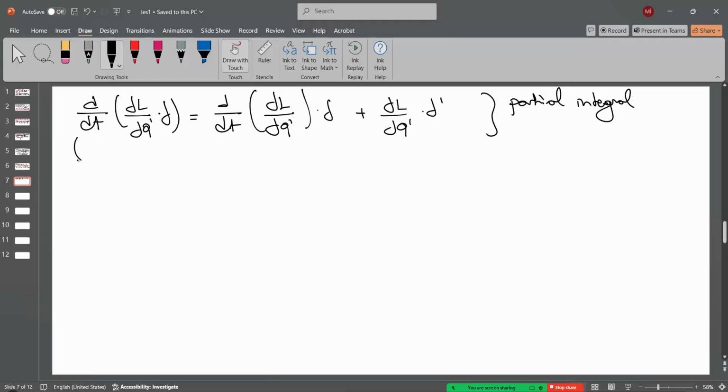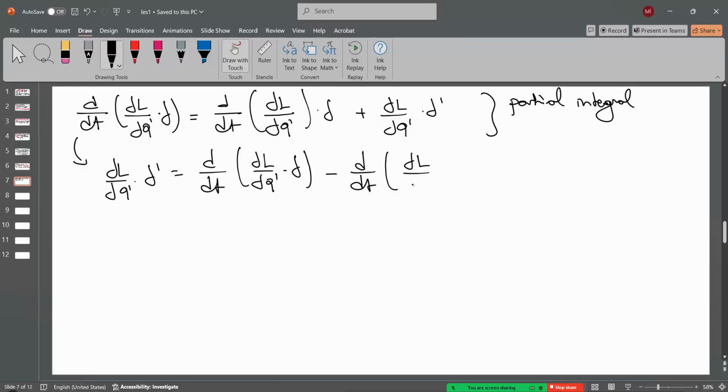And so if this is true, then we can write dL/dq times delta dot must be equal to what? d over dt of dL/dq dot times delta minus d over dt of dL/dq dot times delta, right?